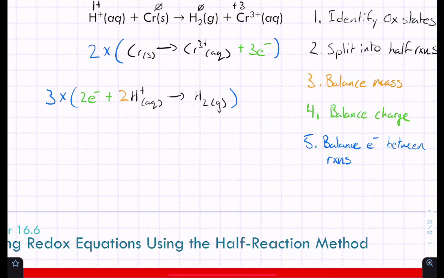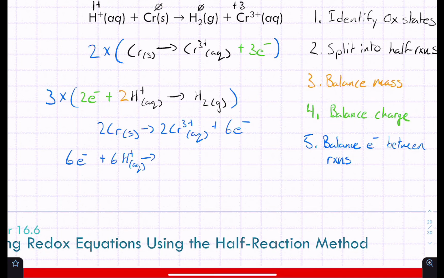So then I'm going to rewrite these. This will be 2 Cr solid goes to 2 Cr3+ aqueous plus 6 electrons. And then this is going to be 6 H+ plus 6 electrons goes to 3 H2 gas.